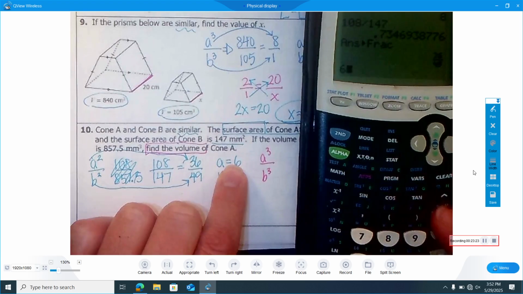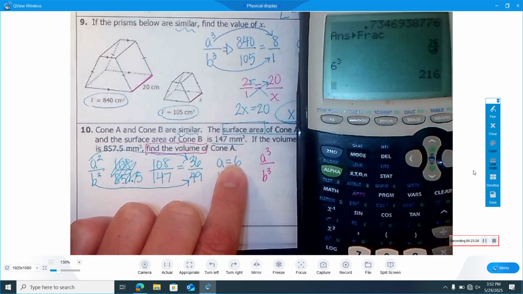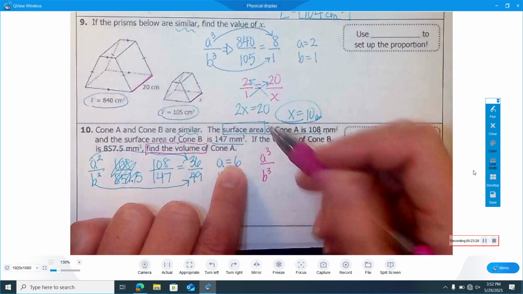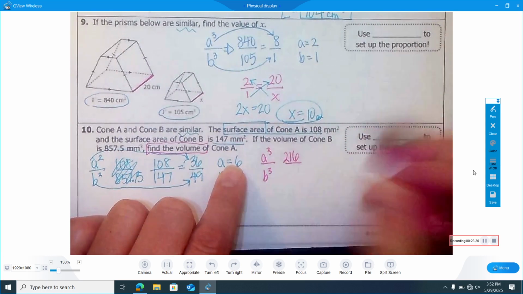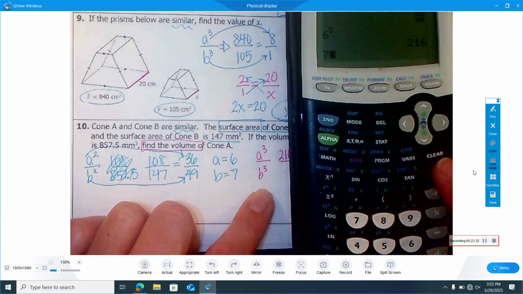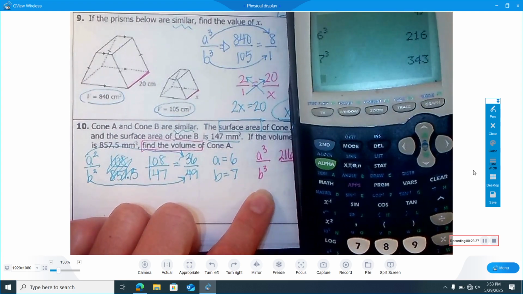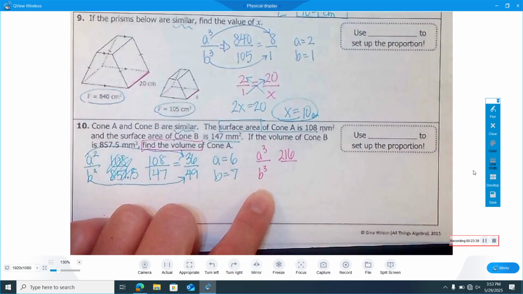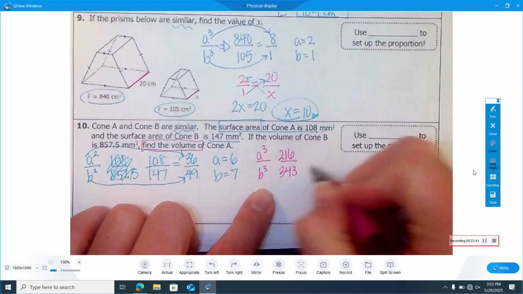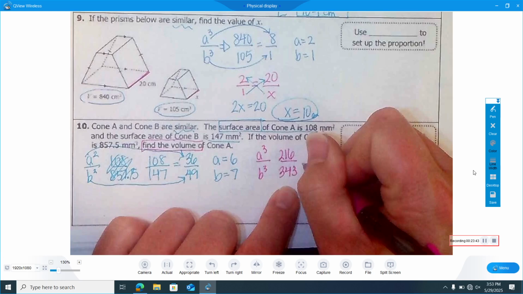6 to the third power is 216. And B cubed, 7 to the third power, my favorite, is 343. So that gives me my ratio of volumes.